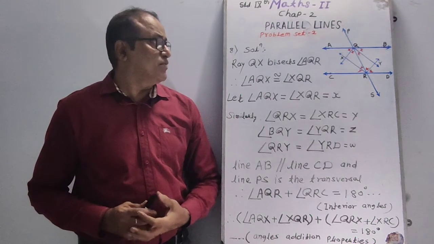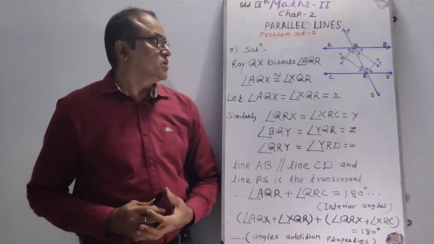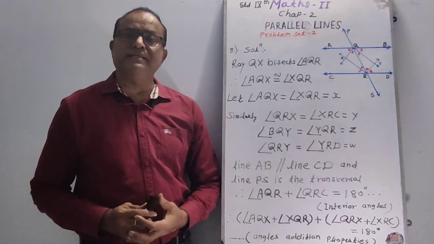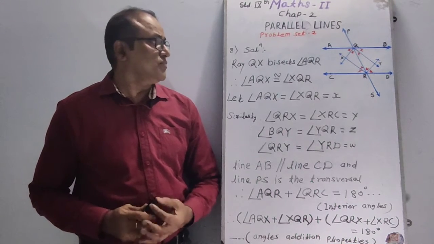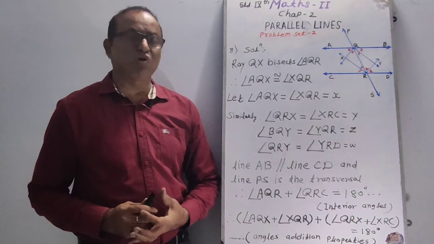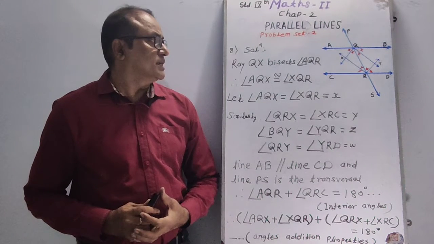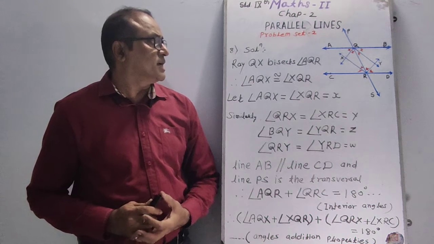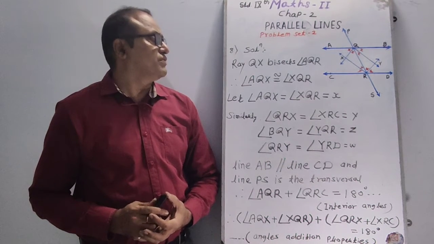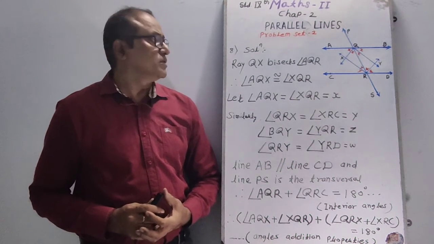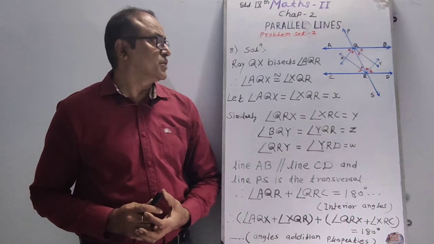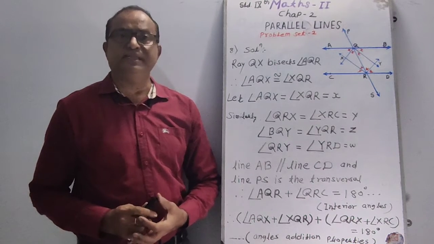In this example, we have to prove quadrilateral QXRY is a rectangle. Before that, we have to draw the figure given in the example, and then from the figure we have to prove quadrilateral QXRY is a rectangle.